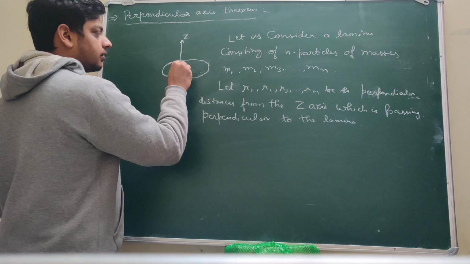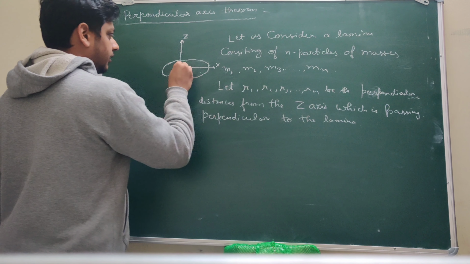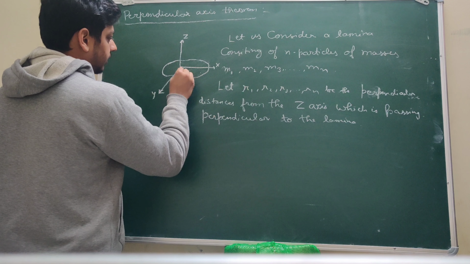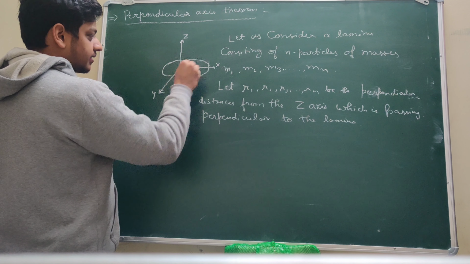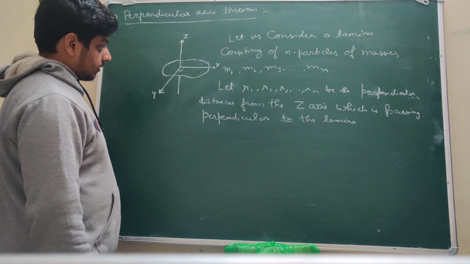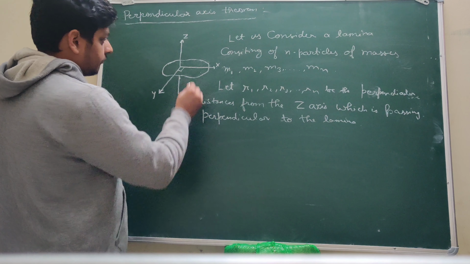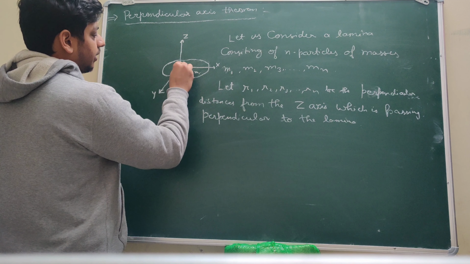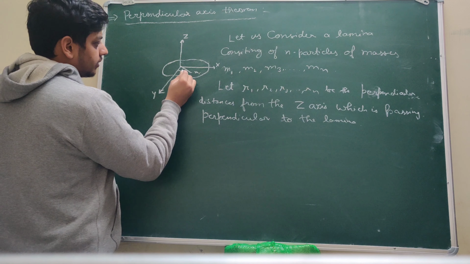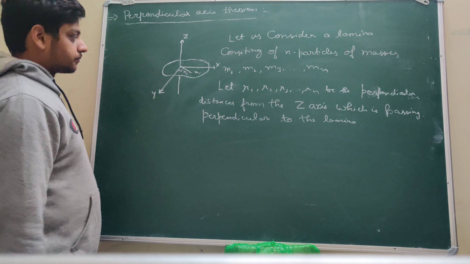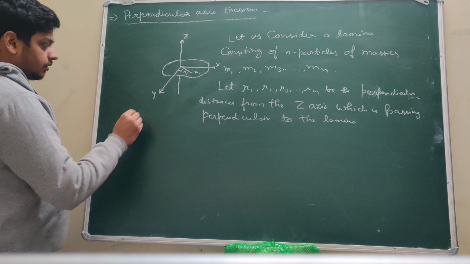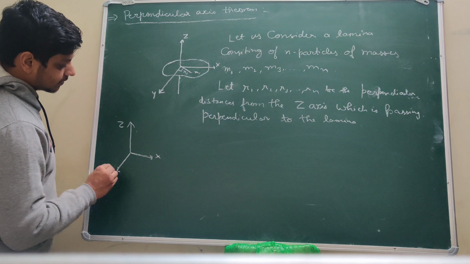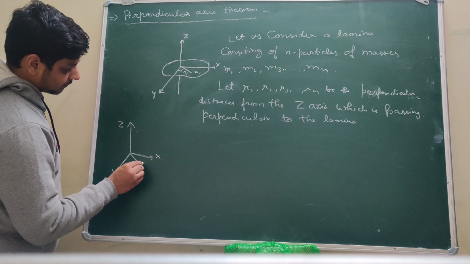Now if we take x and y axis in the plane of lamina and they are mutually perpendicular to each other, and also all the three axes are intersecting at a single point, then if we take a mass m1 on the lamina, and also this is at perpendicular distance r1 from the z-axis, see this is our z-axis and this is x-axis and this is y-axis, and this particle is lying here, m1.